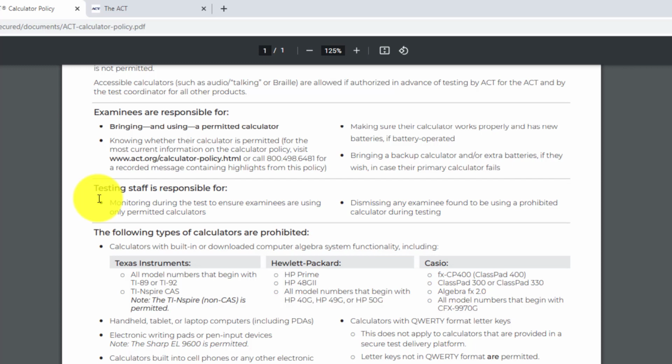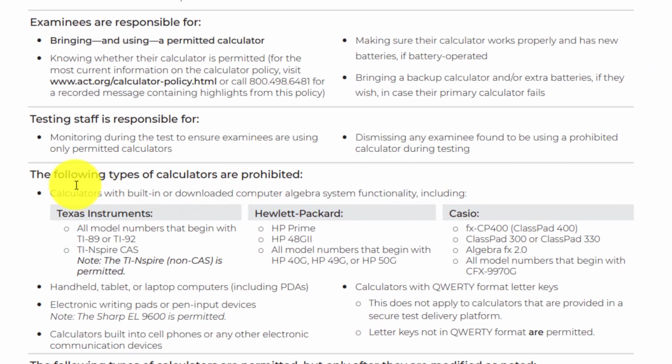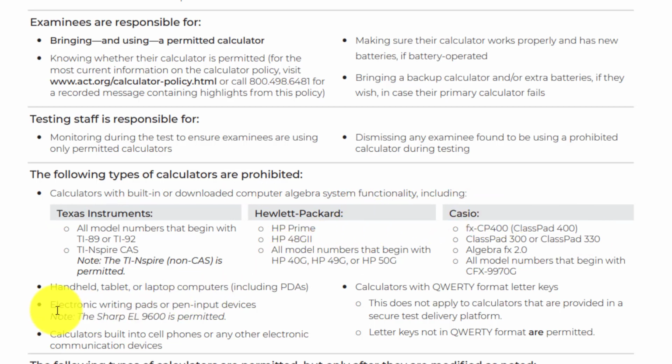Testing staff is responsible for, let me go ahead and expand this, monitoring during the test to ensure examinees are using only permitted calculators, dismissing any examinees found to be using a prohibited calculator during testing. The following calculators are prohibited, so they talk about which calculators are prohibited in terms of Texas Instruments, Hewlett-Packard, Casio.